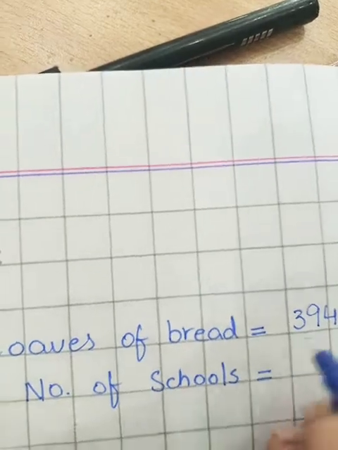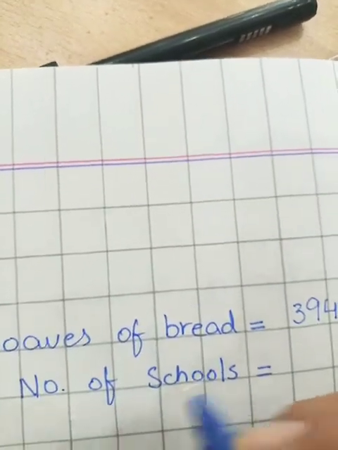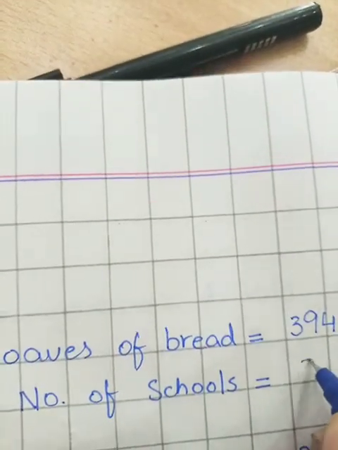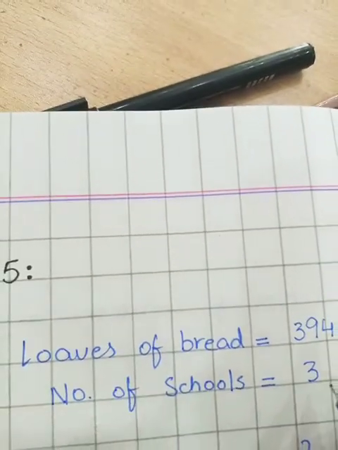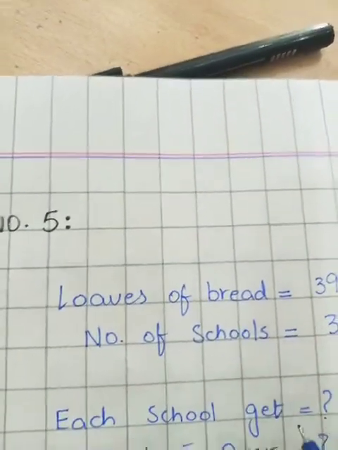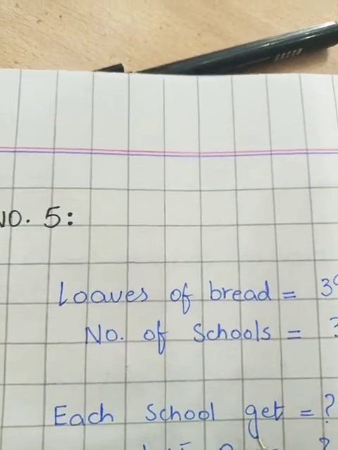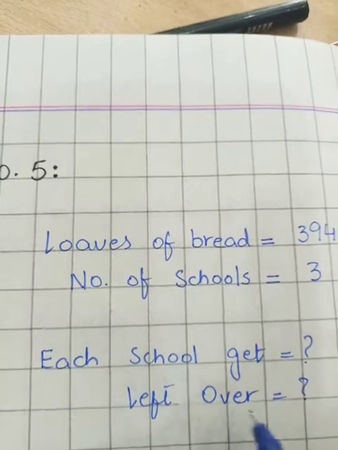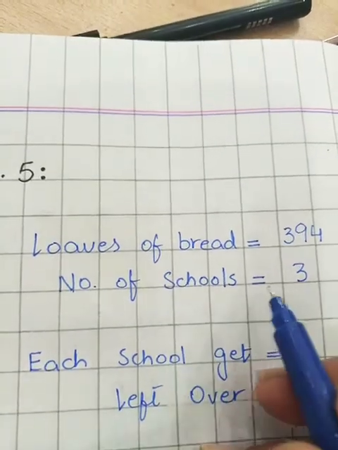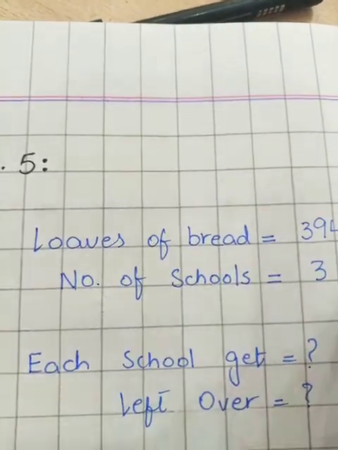Next, that they are distributed among the number of schools, that is 3 schools. Now students, come toward our question portion: first you are going to tell how many loaves each school will get, and how many loaves will be left over after distributing the loaves in 3 schools.